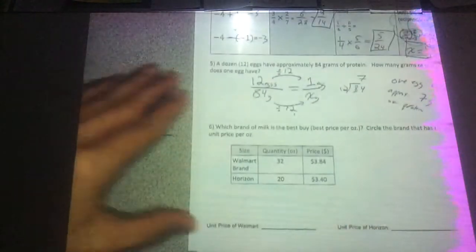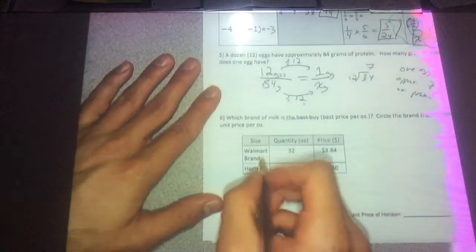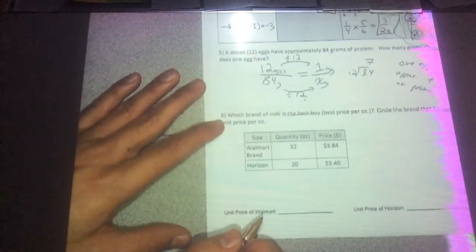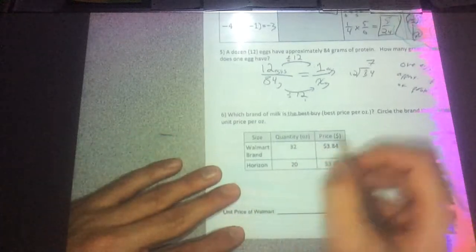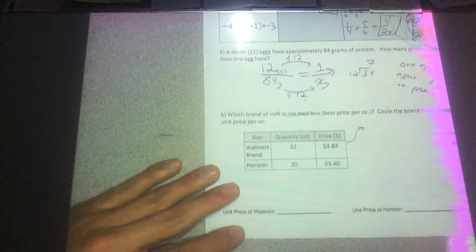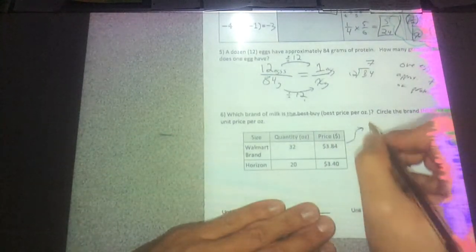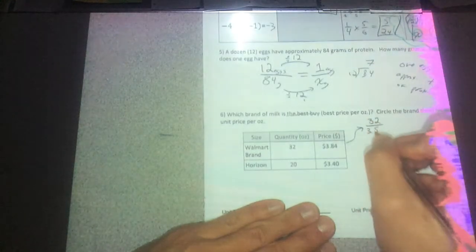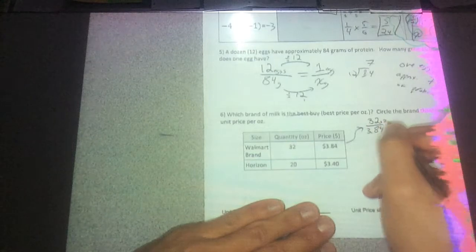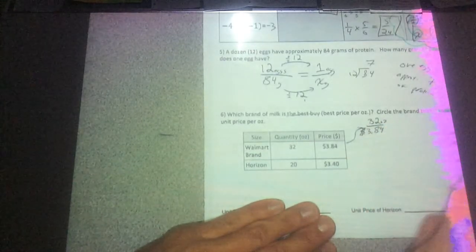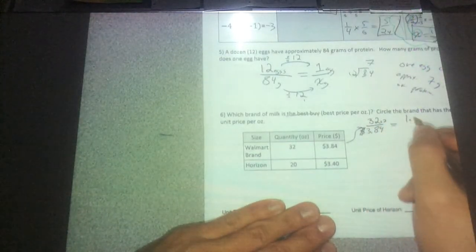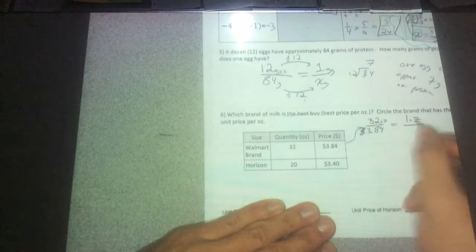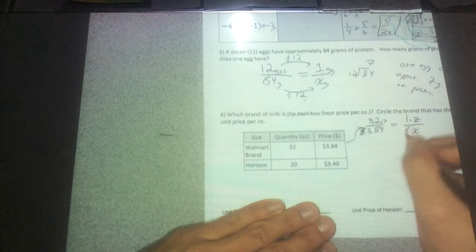Okay, which brand of milk is the best buy? So this is Walmart brand milk or Horizon milk. We're going to find the unit price of each one. So it's 32 ounces and it costs $3.84. This is Walmart, so 32 ounces cost $3.84, and we're trying to figure out how much 1 ounce costs. This is going to be x dollars.